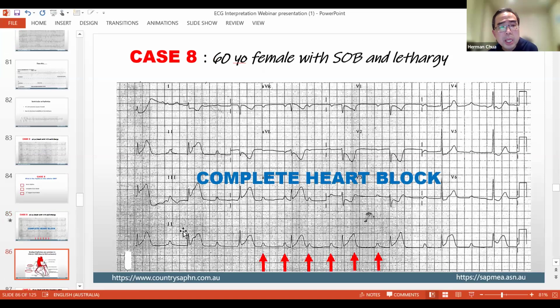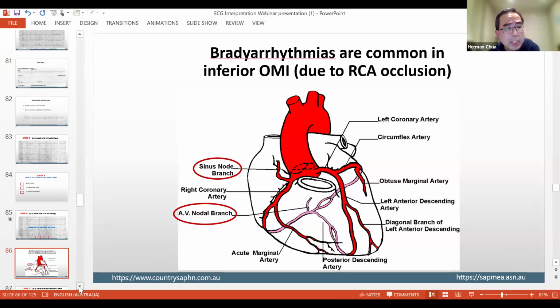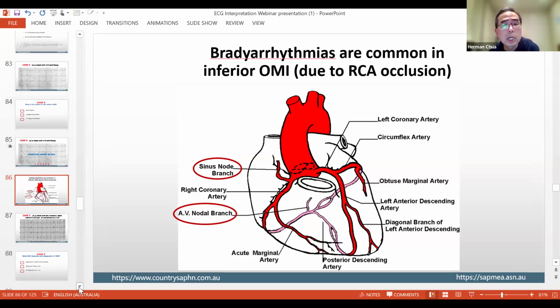Well, the AV nodal branch, the branch of the artery that supplies the AV node, comes from the right coronary artery. If you occlude the AV nodal branch, you can cause a complete heart block. You can cause a second degree heart block, a first degree heart block, a sinus bradycardia, all sorts of things. But in this case, it is a complete heart block.